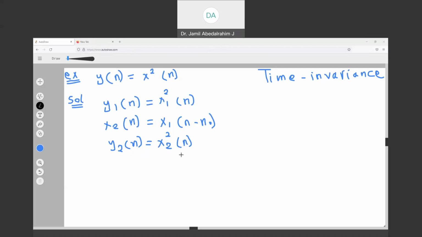But x2 of n, if we refer to the previous equation, is actually x1 of n minus n naught. So we say it also equals x1 to the power of 2 of n minus n naught.